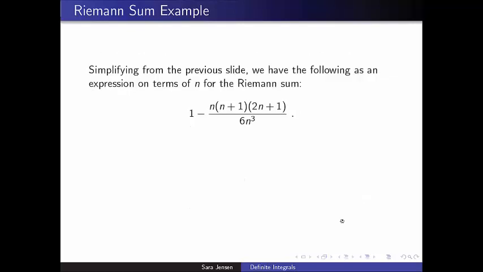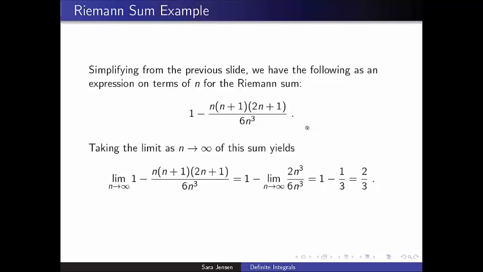Simplifying a bit, in particular distributing that 1 over n to each term of our parenthetical expression, we end up with this formula: 1 minus this particular cubic in the numerator that's factored, and this 6n cubed in the denominator. That expression is simple enough that I'm willing to take a limit of it, which is the final thing we need to do in order to determine the real value of this Riemann sum: we need to take that limit as n goes to infinity to envision putting as many rectangles as possible underneath this curve.